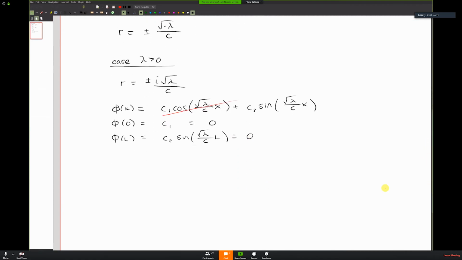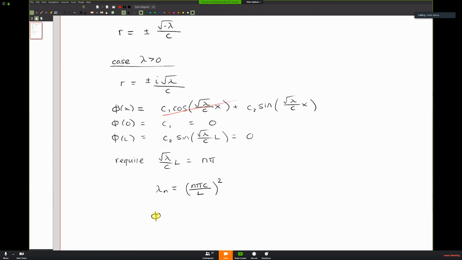Okay. And as usual, we would prefer not to set c2 equals 0, since that would give us a trivial solution. So we require the argument of the sine function to equal one of its roots. All right. And so those roots occur at n pi. And if we now solve for lambda, we're going to get lambda sub n equals n pi c over L, quantity squared.